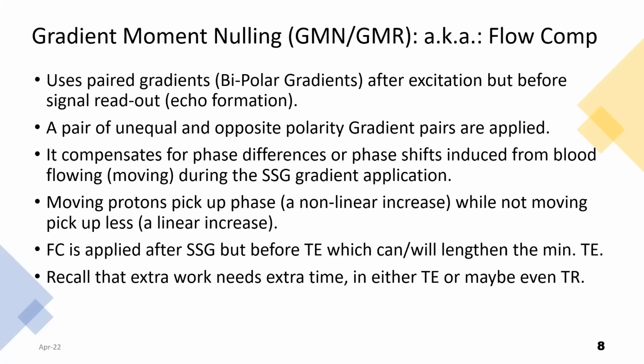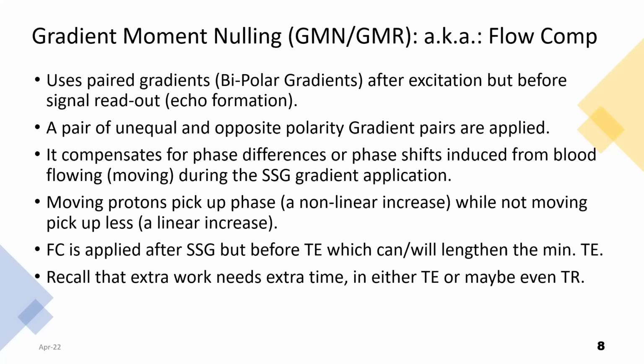Flow comp, extra gradients. Extra gradients means more work, right? It's going to bump out your minimum TE. So it's a pair of unequal and opposite polarity gradients that are applied, and it compensates for phase shifts induced by blood flowing through the slice select gradient.